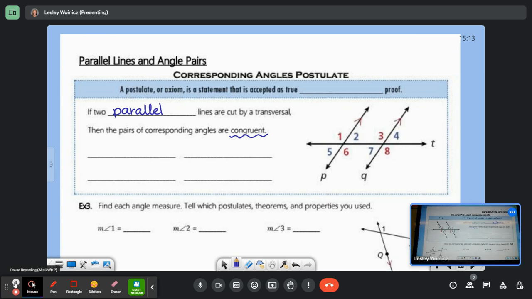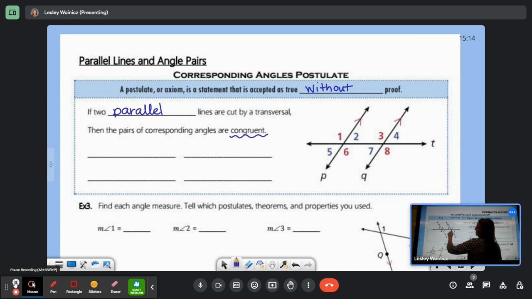A postulate or axiom is a statement that is accepted as true without proof. So this is our corresponding angles postulate. If I have parallel lines and I intersect or cut them with a transversal, then my corresponding angles are congruent.